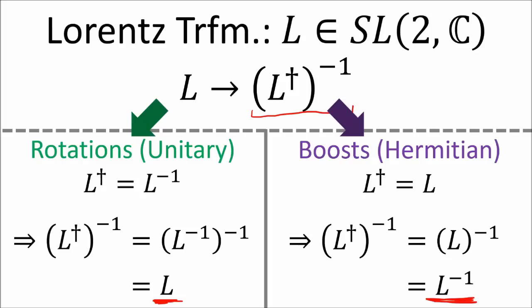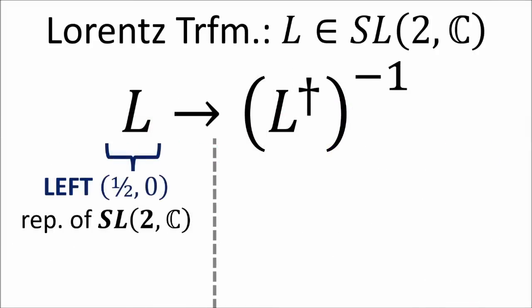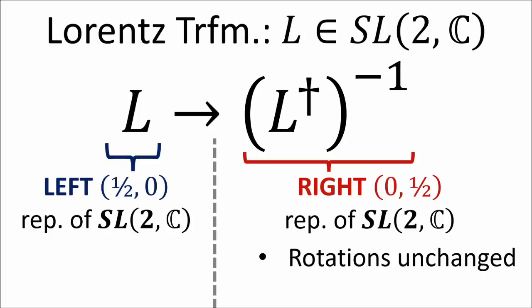So we're left with just the inverse, which reverses the boost direction. So if a matrix L belongs to the left spinor representation of SL2C, then the Hermitian conjugate inverse of L belongs to the right spinor representation of SL2C. Again, this operation leaves rotations the same, but reverses the boosts.